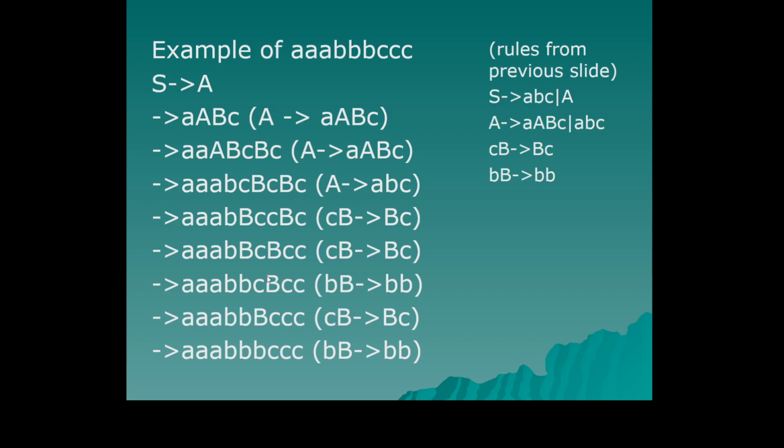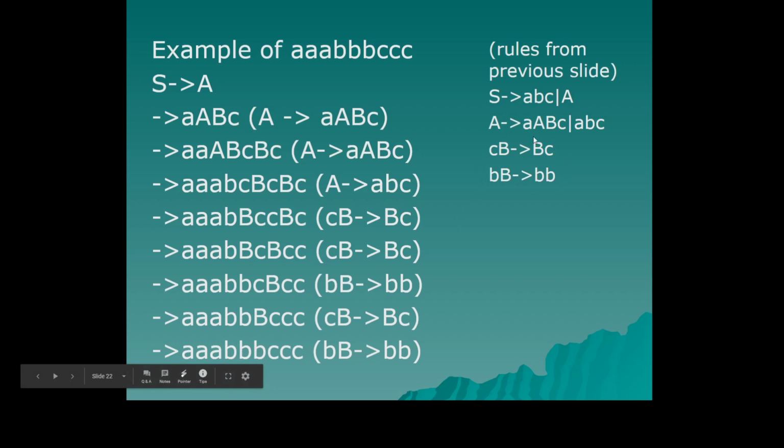And we can then start making substitutions for lowercase b capital B to become lowercase b, and lowercase b capital B to become lowercase b. So basically these rules require context. If B is within a sea of C's, we move the B's over. Once we've reached our other B's, then we just start substituting B's back in, right?